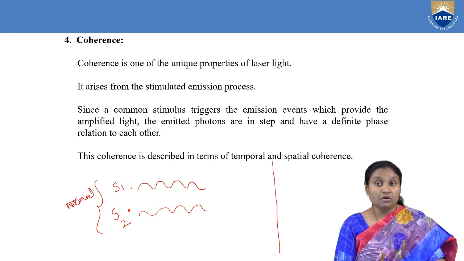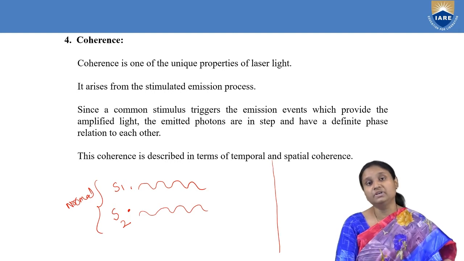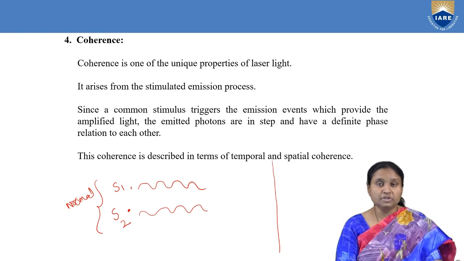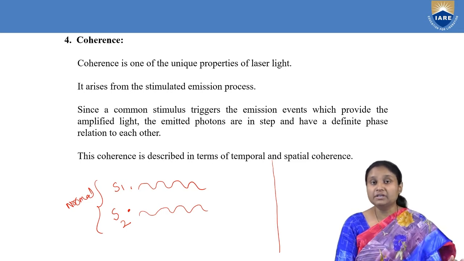Why is it so? Because these light waves are coming from two different light sources, and when light waves come from two different light sources, they can never be in phase with each other. That's why we cannot get an interference pattern on the screen.